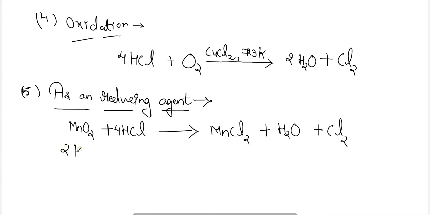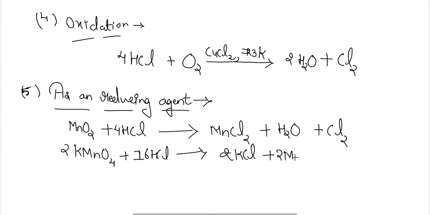Next 2KMnO4, when potassium permanganate reacts with HCl, it will produce potassium chloride, manganese chloride, water molecules, and chlorine gas will be released there.